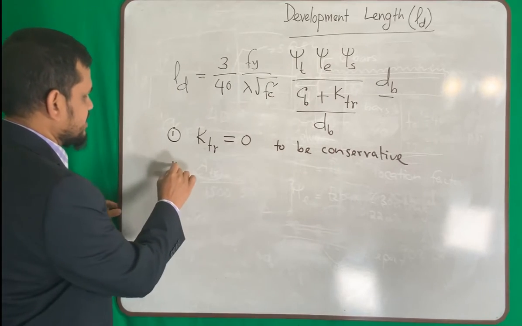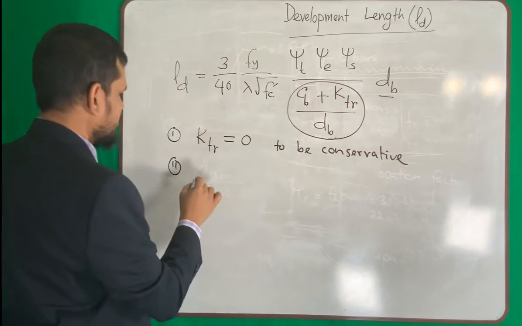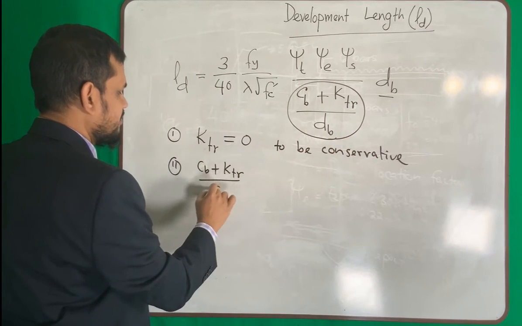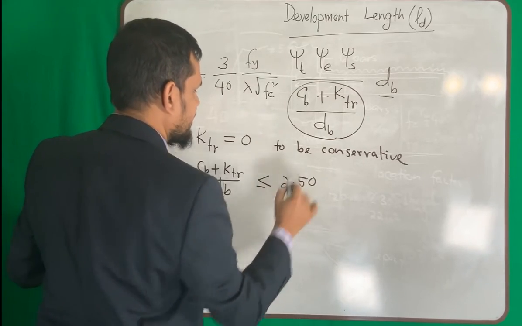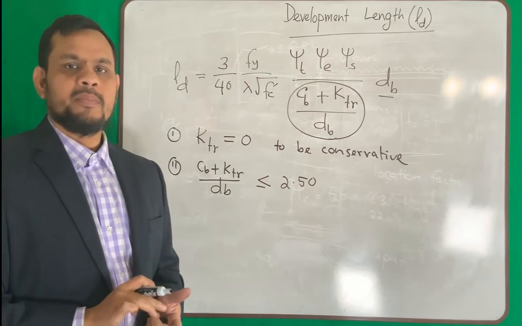Now, something else. This whole portion, CB plus KTR divided by the diameter of the bar, cannot exceed 2.5. This entire thing cannot exceed 2.5.